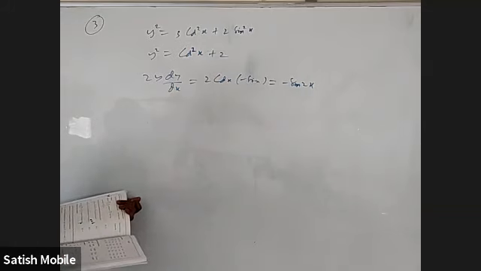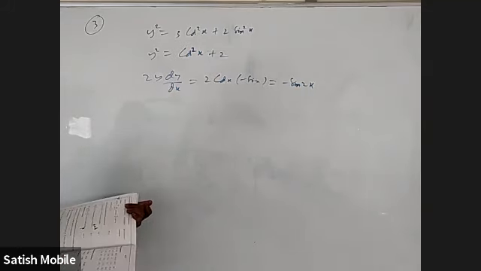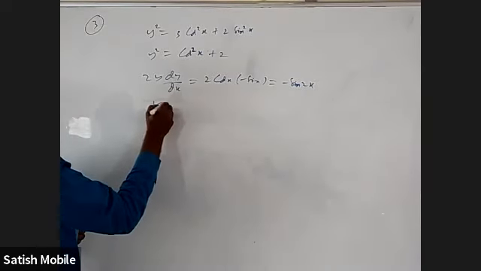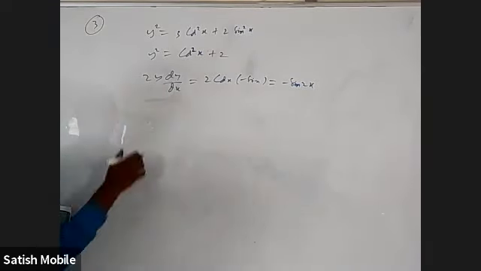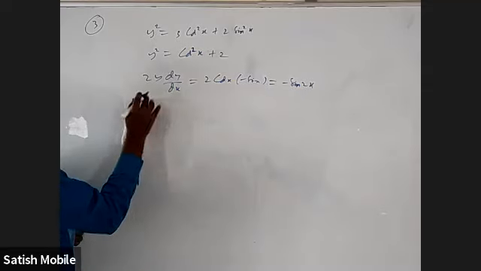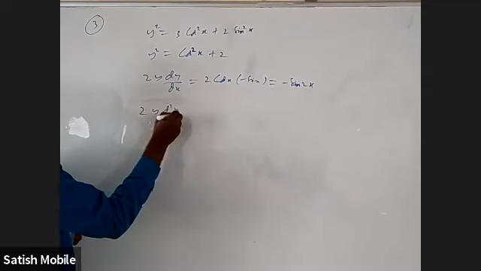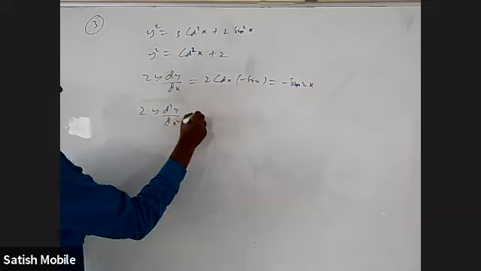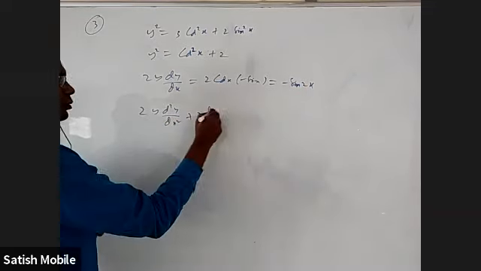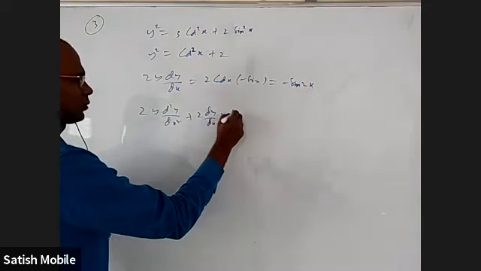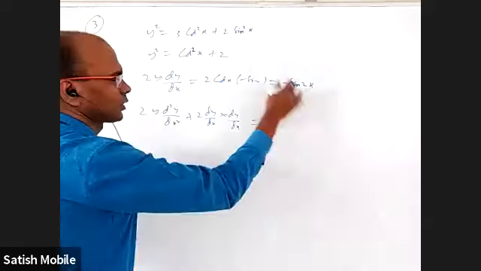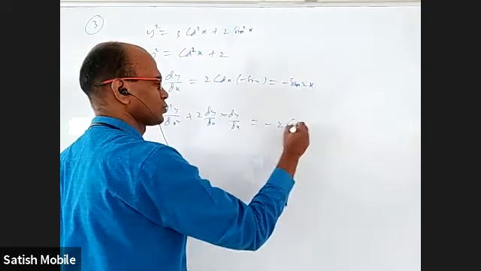Anyway, you have to find the second derivative also. When I differentiate now, by product rule, 2 into y into d square y by dx square plus the derivative of this, which is dy by dx, so 2 dy by dx into dy by dx, equal to the derivative of this, which is minus 2 cos 2x.